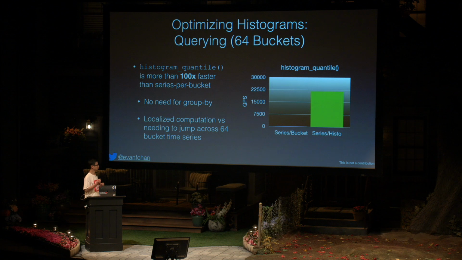And it turns out that group bys are not free. Now, just to be clear, this is a comparison of our own two different implementations of how we store things. I'm not trying to compare this to Prometheus at all. That would be beyond the scope.